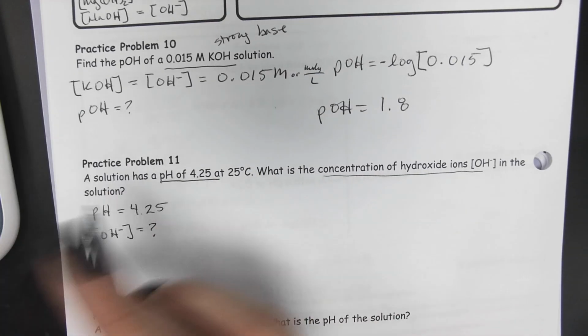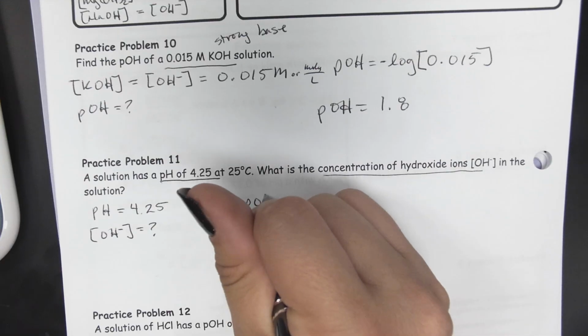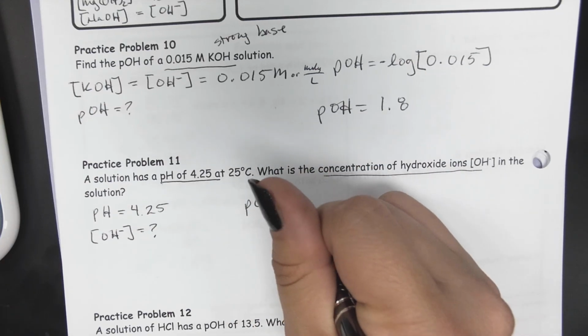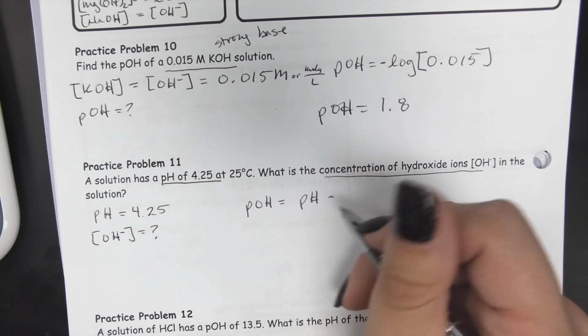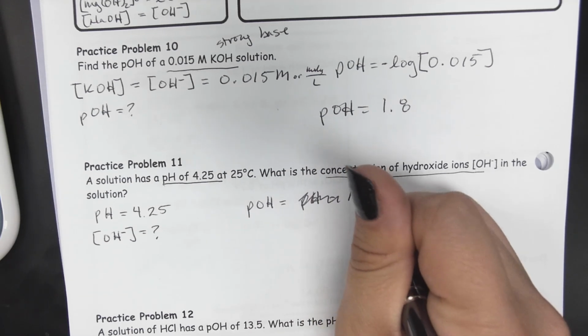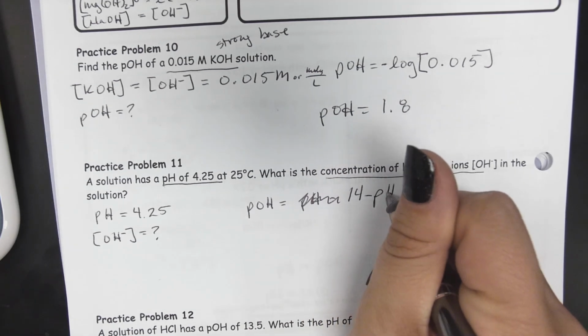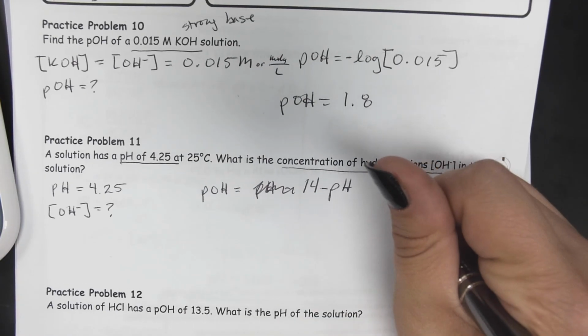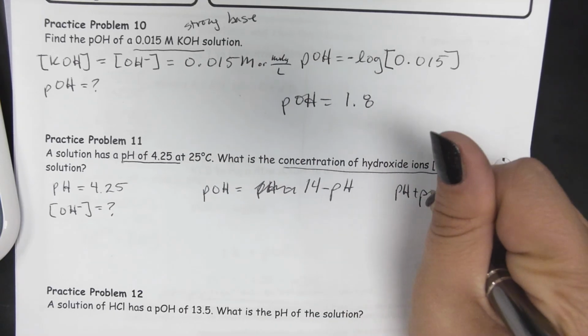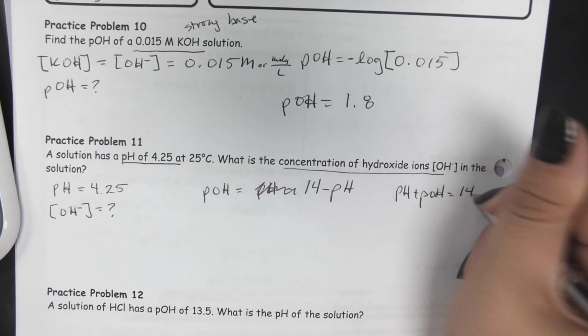So pOH is going to equal 14 minus the pH. Let's check my math, because we know that pH plus pOH equals 14.